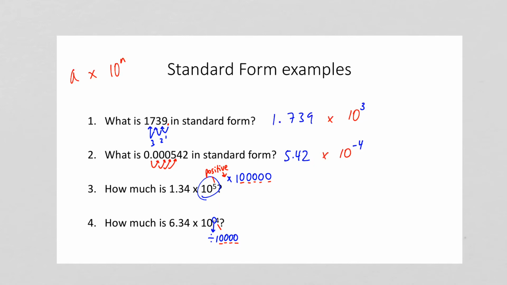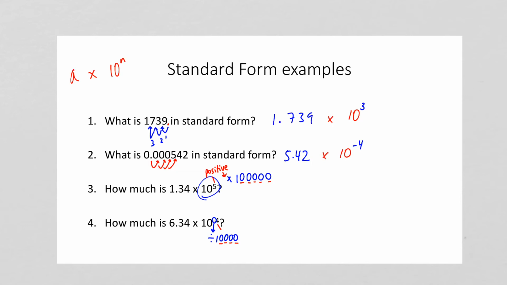Okay, so right off the bat, we can just say 1.34 times 100,000, or we can do it by moving the decimal places. If we move the decimal place to the right, we're essentially multiplying by 10. If we move the decimal place to the left, we are essentially dividing by 10. It's the opposite of what we were doing when converting to standard form.